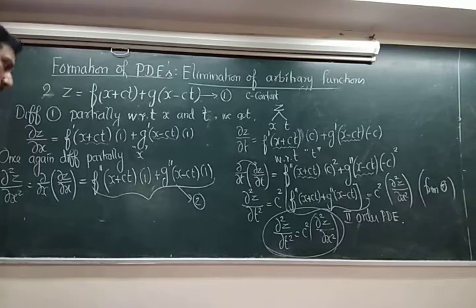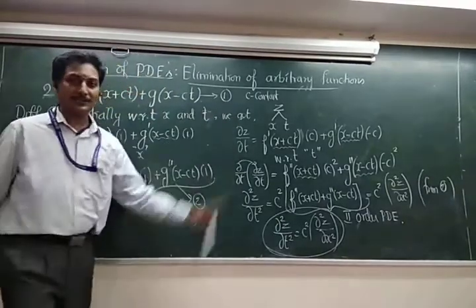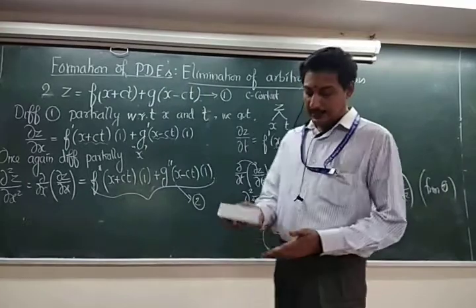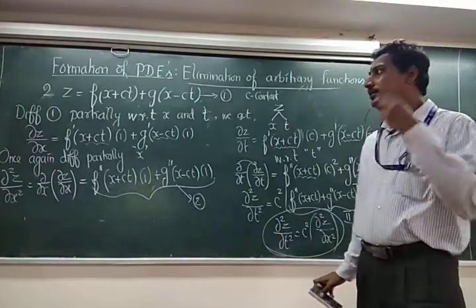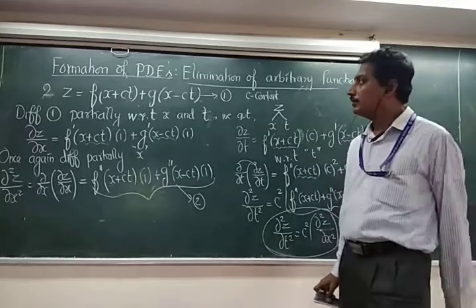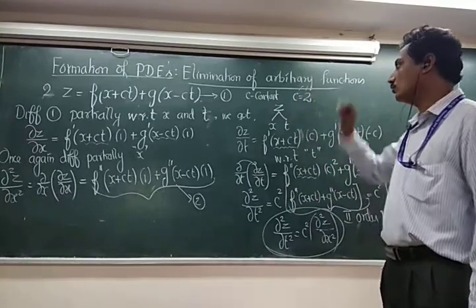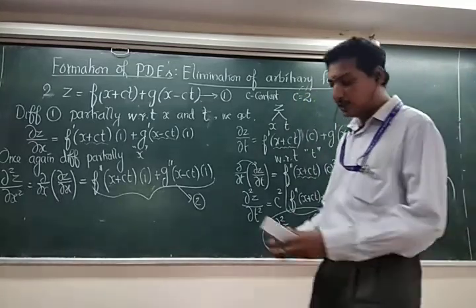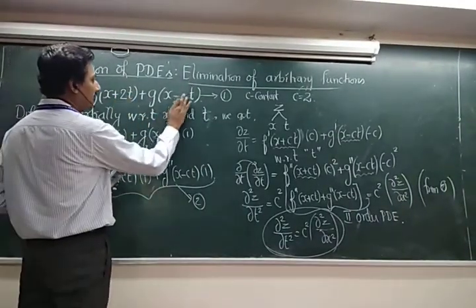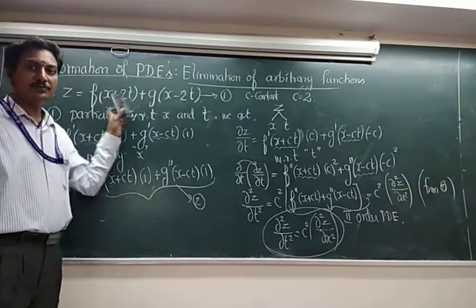Now, this is the general problem, because here c is a constant. Suppose in the case of the constant, if there is any specific value assigned to c, what will happen? See, I am going to consider c equal to 2. Suppose c equals 2, now this becomes f(x+2t) plus g(x−2t). The same problem in terms of c we already did.